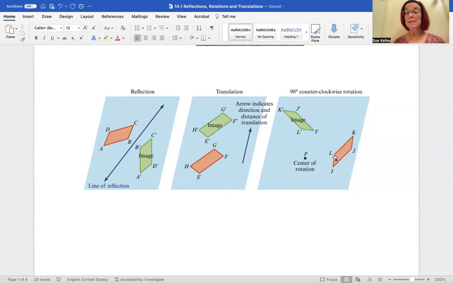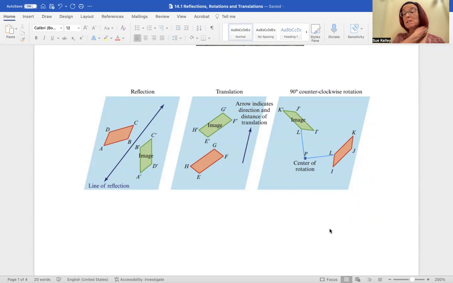So what that means is if we draw a line from, and let me see if I can illustrate that. If we draw a line from L to P, and then from P to L prime, it should be a 90-degree angle.